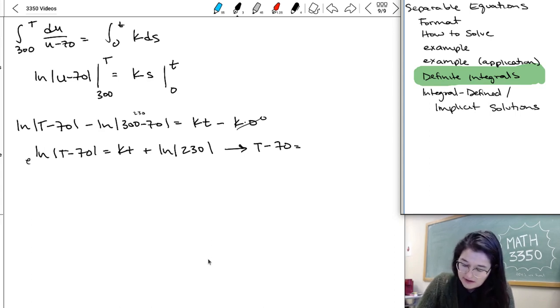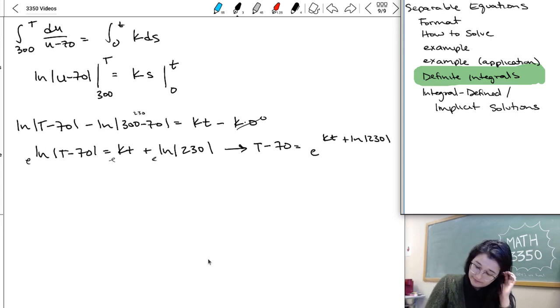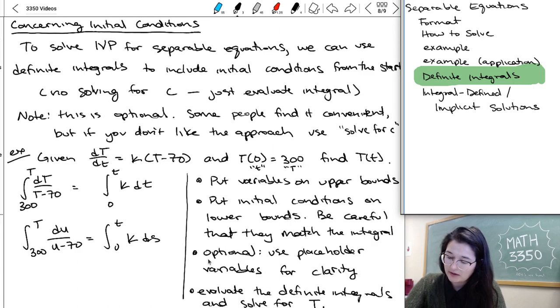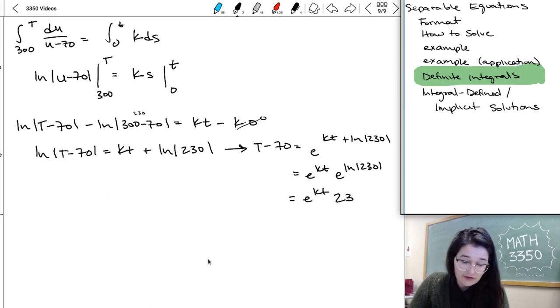I'm just doing e to everything. And now I'm going to simplify the exponentials. We know that that's e to kt times e to ln of 230. And then that e and ln cancel out. So this actually becomes e to kt times 230.